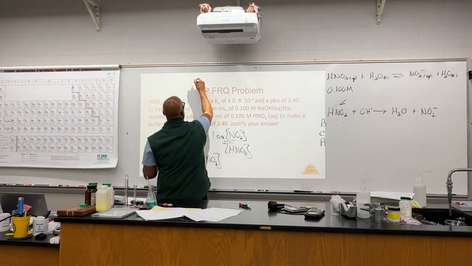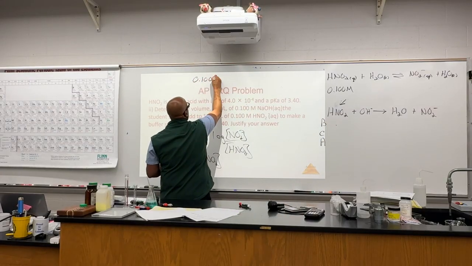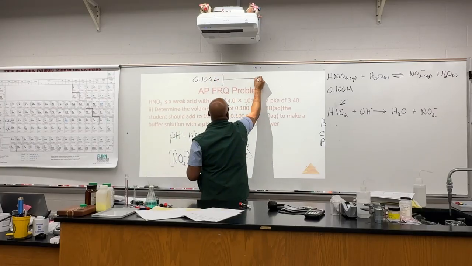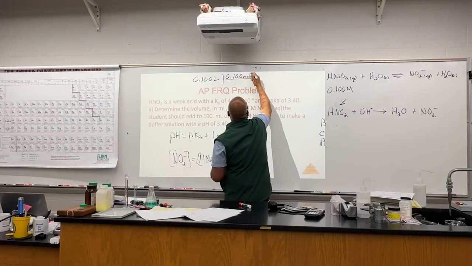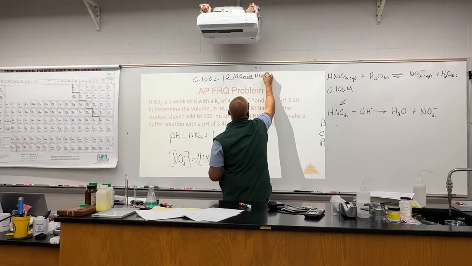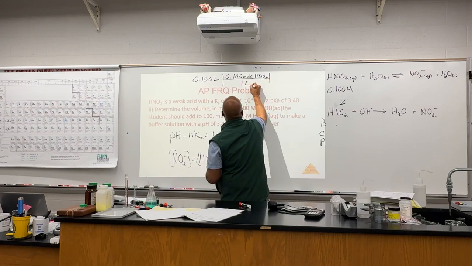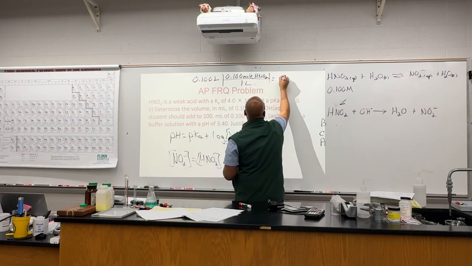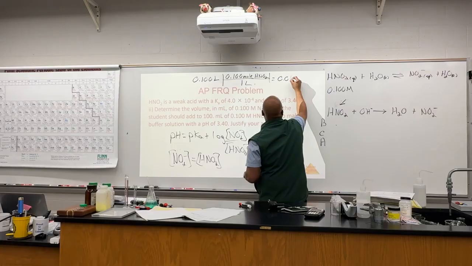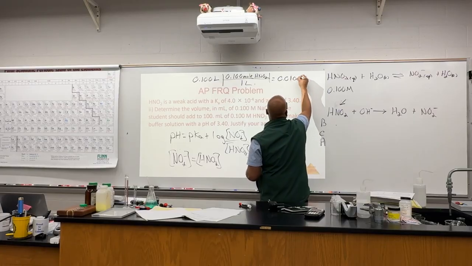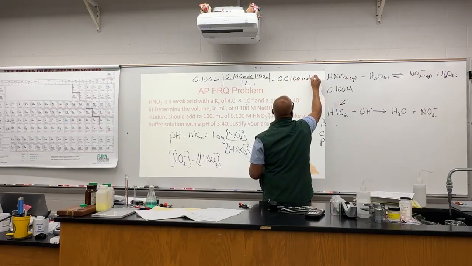And luckily for me, I've got 0.100 liters times this concentration. Once again, for the concentration, I've got 0.100 moles of the HNO2 per 1 liter. That's the concentration, which will give me 0.0100, and that's going to be moles of HNO2.